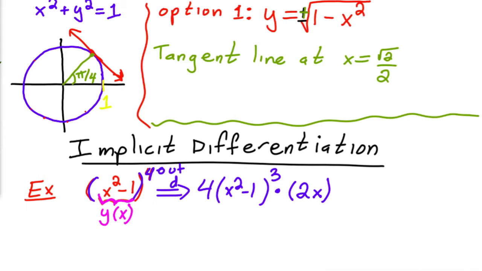Okay, so if y is a function of x, so what I did right here, if I rewrite this thinking of this guy just in general as y, I brought the 4 down, I left the inside alone, y of x, subtracted 1, and then I multiplied by the derivative of y with respect to x, right?